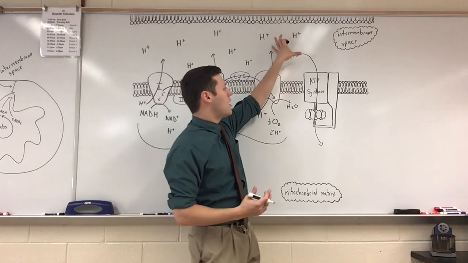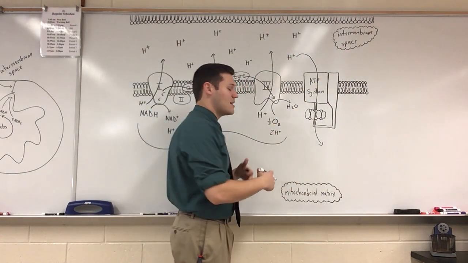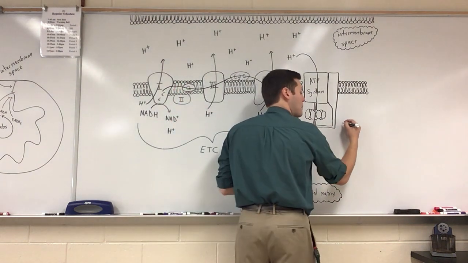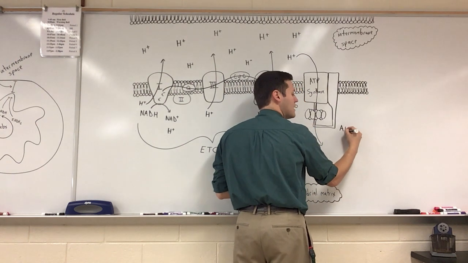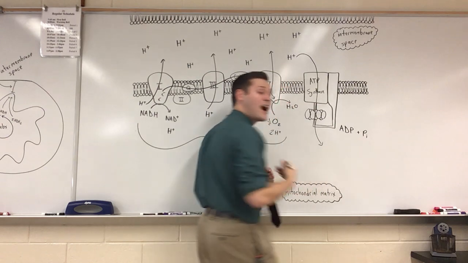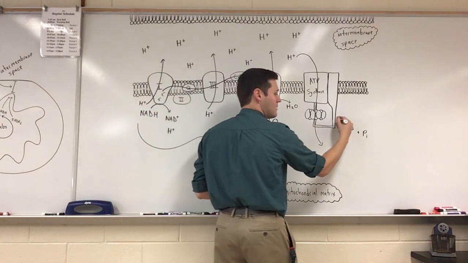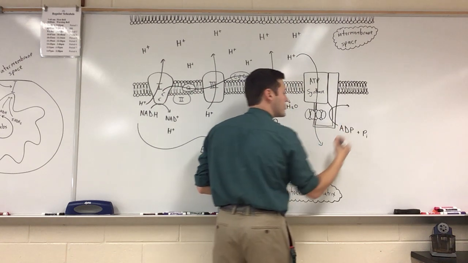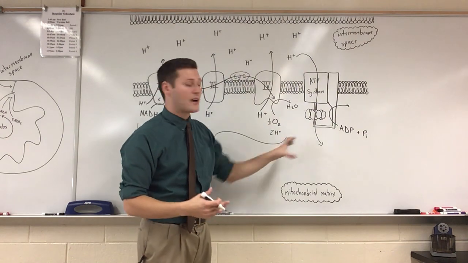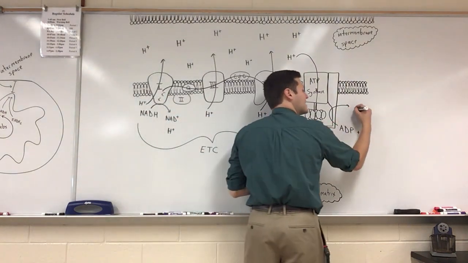We use this diffusion of hydrogen ions into the mitochondrial matrix, and the energy that that releases is coupled with the generation of ATP. We take ADP, adenosine diphosphate with only 2 phosphates, plus this third inorganic phosphate, and using the energy generated by ATP synthase, using the concentration gradient, the diffusion of hydrogen ions, we make ATP.